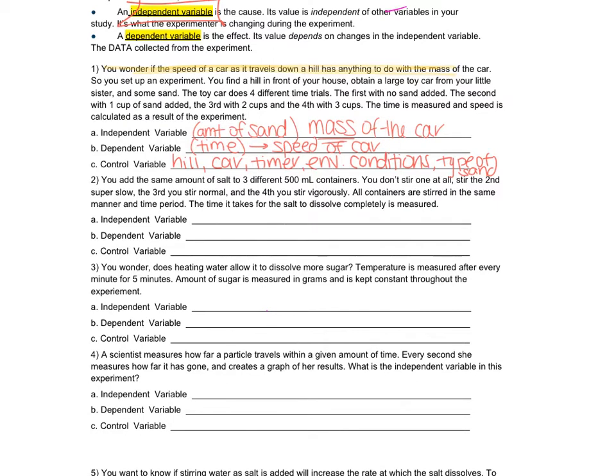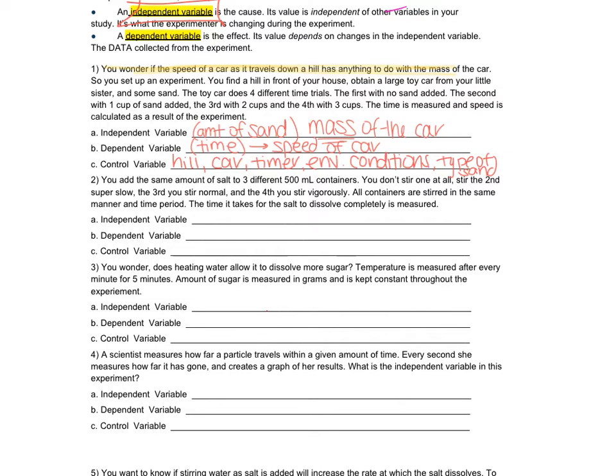Number 2, you add the same amount of salt to 3 different 500 milliliter containers. You don't stir one at all. You stir the second one super slow, and the third one you stir normal, and then the fourth you stir vigorously. Okay? All containers are stirred in the same manner in the time period. The time it takes for the salt to dissolve completely is measured.